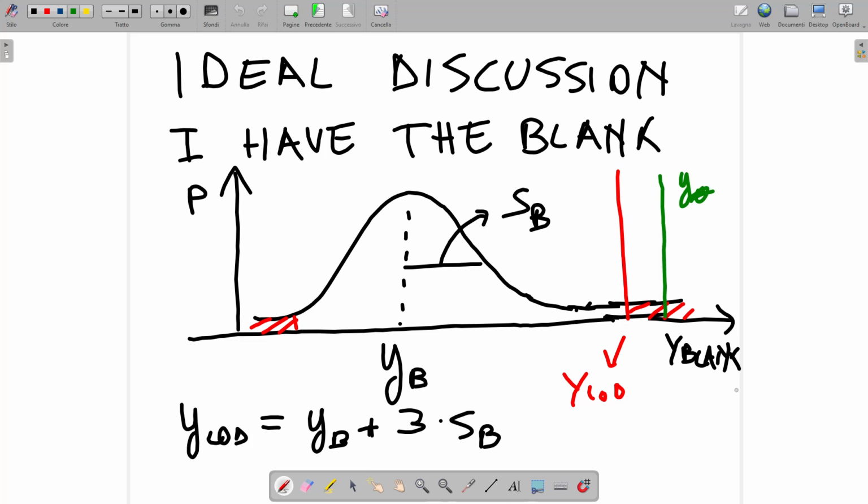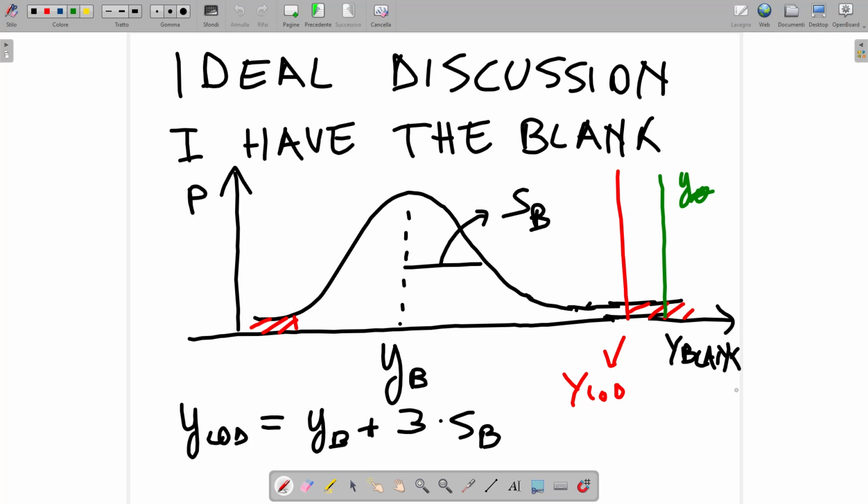I think that if we cannot understand this concept, we must take it as a definition. Do you agree that the tails are the risk of errors? Because we said that significance is the risk of being wrong, the risk to be wrong in saying that something is comparable to our interval.